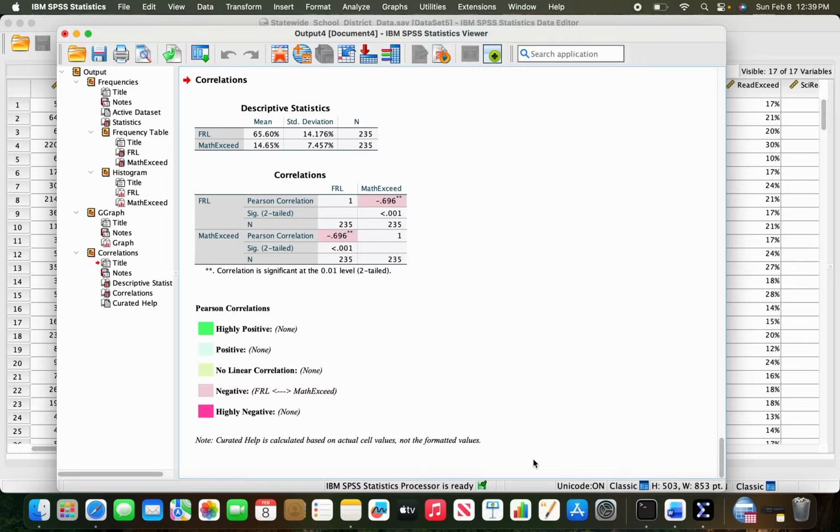Will there be changes, or will there be increases in test scores because of that? It would be interesting for future research to look at the impact that moving towards free lunch for everyone would have, or how that would influence the math test scores.